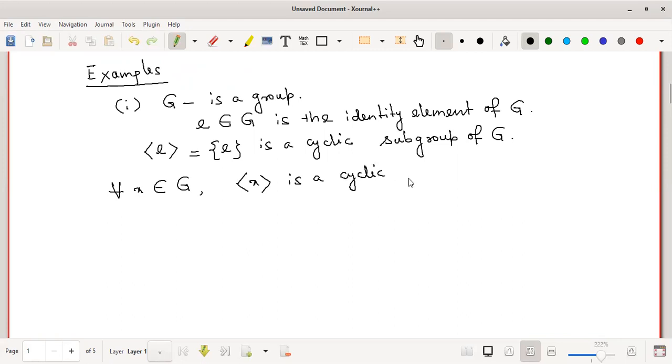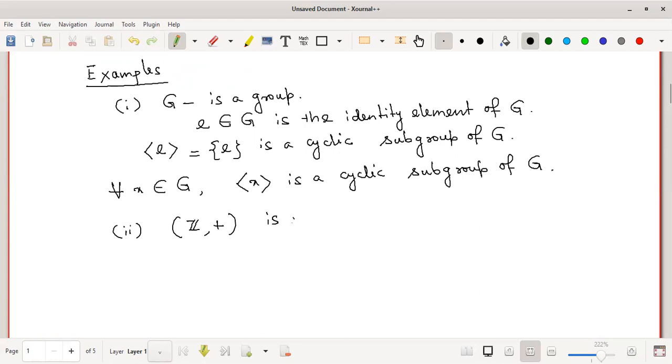cyclic subgroup of G. Okay. Example 2. Consider this group Z plus, the additive group of integers.